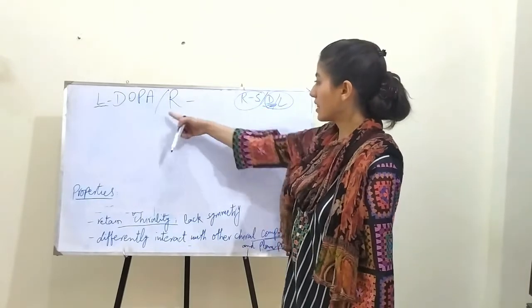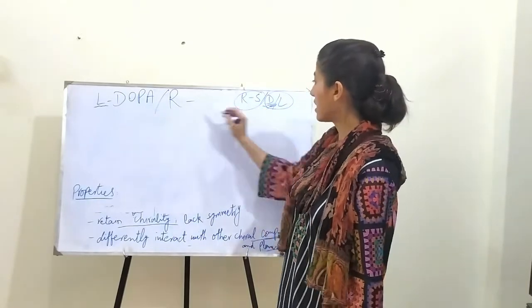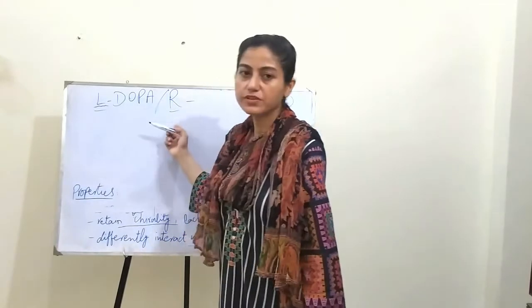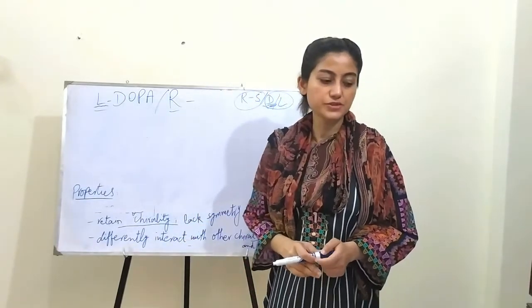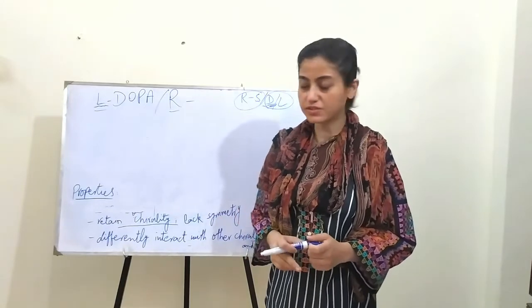So in the case of dopamine, only the R and L configurations are biologically active. The other two are not used to treat Parkinson's disease.